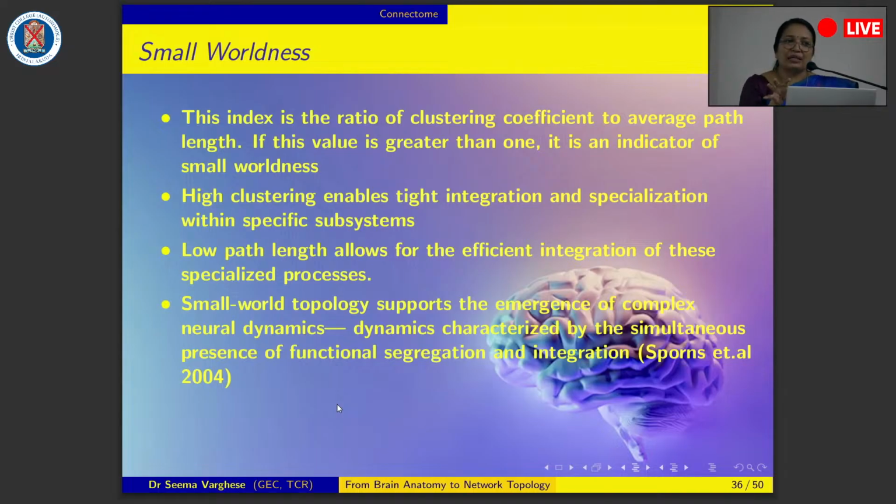So you can compare the clustering coefficient and the small world coefficient of a healthy person to one having or suspected to have Alzheimer's disease or Down syndrome or schizophrenia. For all these diseases, if you compare the clustering coefficient and small-worldness with healthy persons, you will get the idea what is happening over there. Okay.